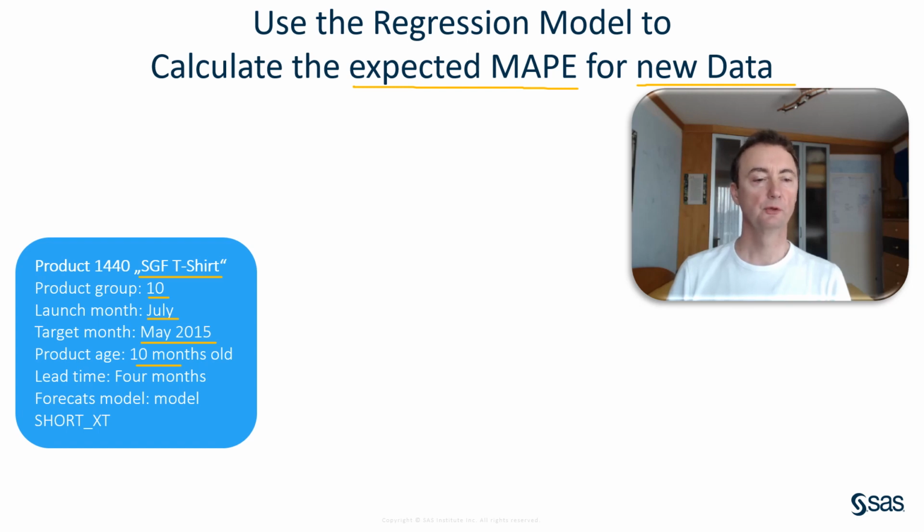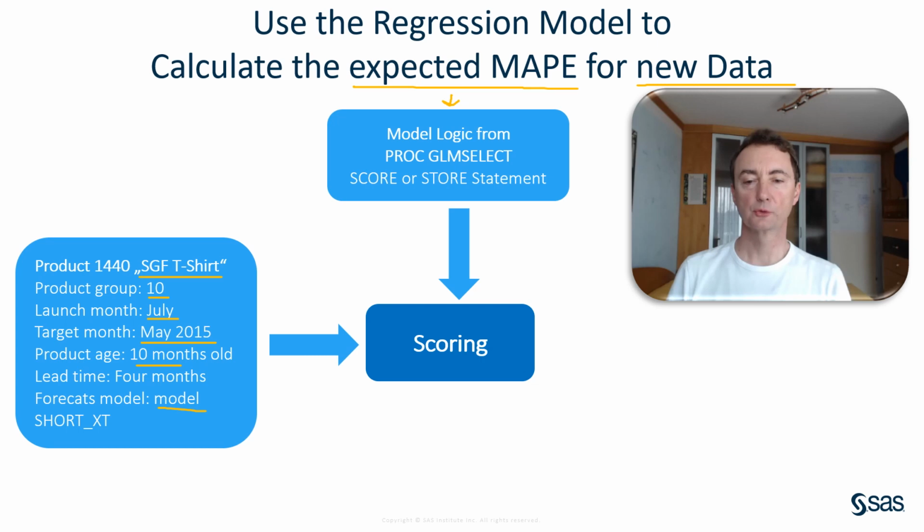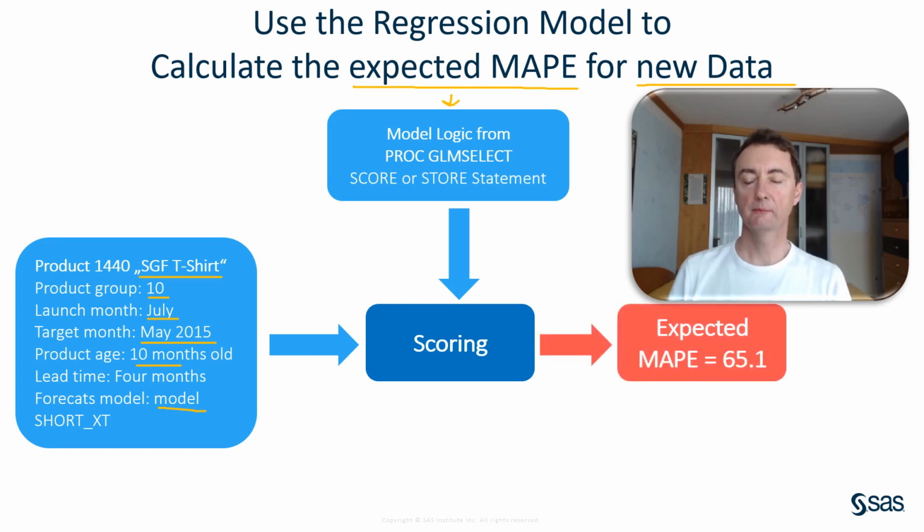We use a certain model to forecast this, and we have the model logic which we have just created from our regression model. If we now combine this new data with our model, we can perform a scoring and receive the information that for this product, with a forecast for the next 4 months, we have to expect a MAPE of 65.